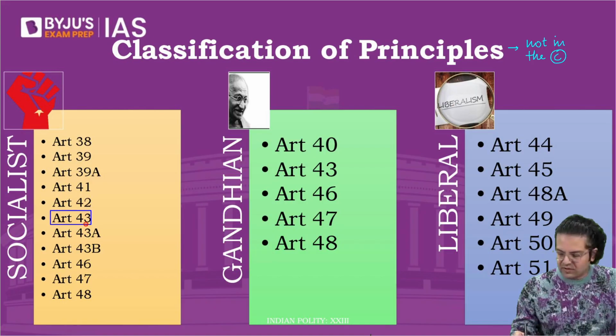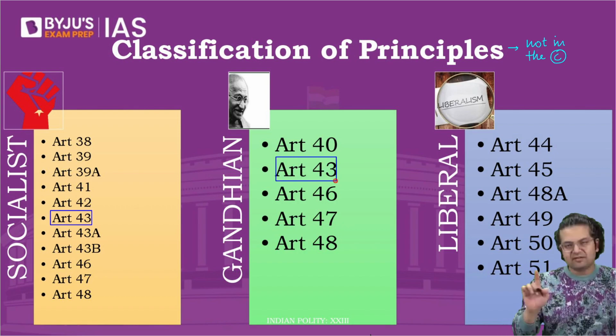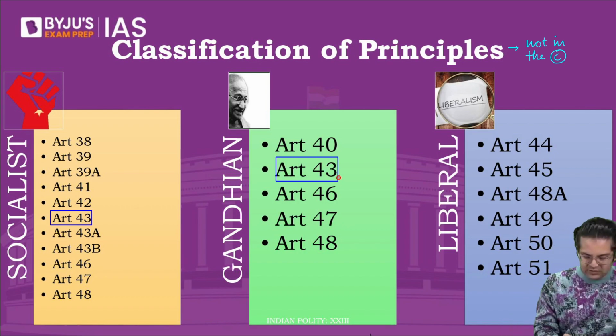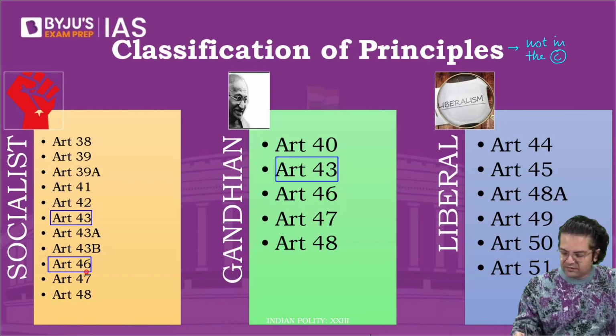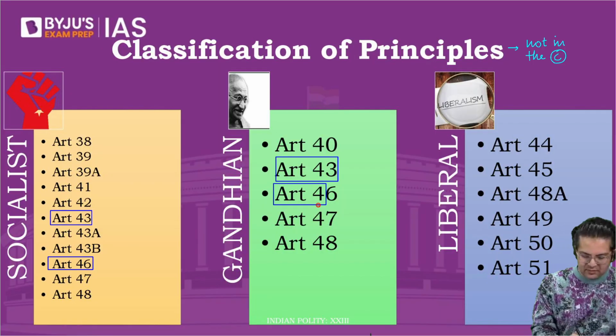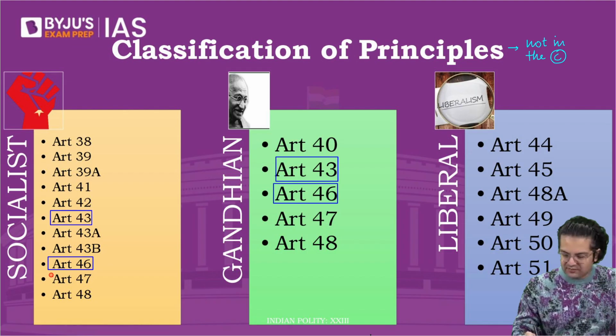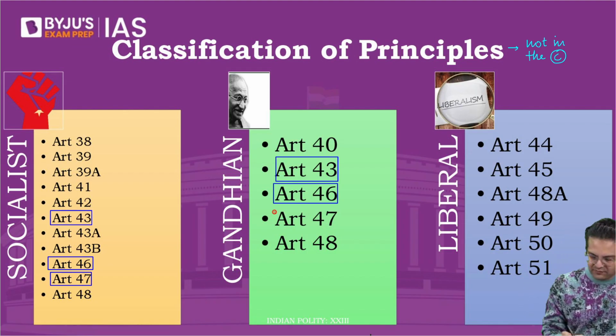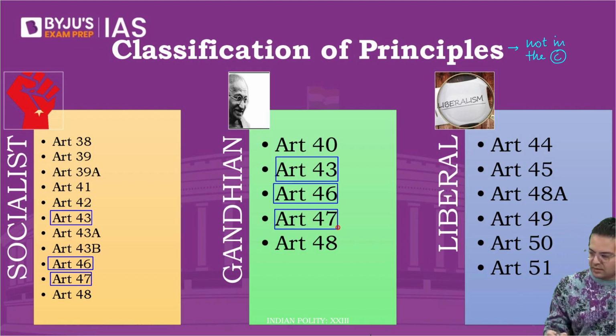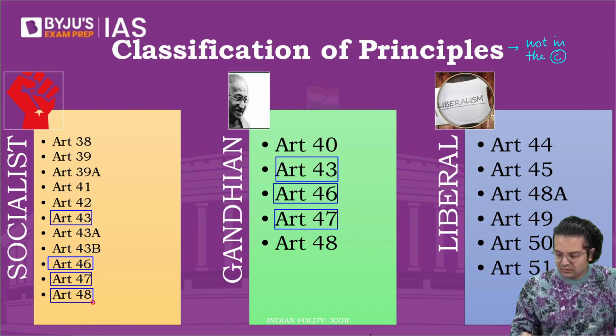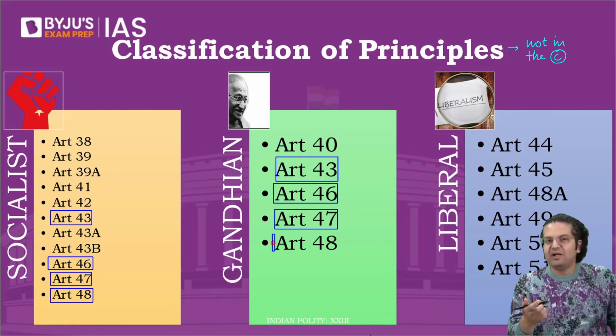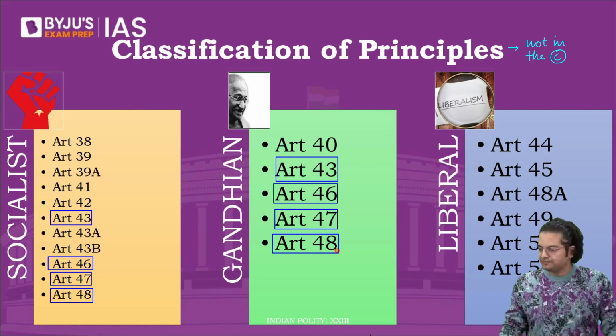What is this? Yes, there are some overlaps. 46, here also 46. 47, here also 47. Right? 48, here also 48. So there will be some overlap. I'll explain to you how things overlap.